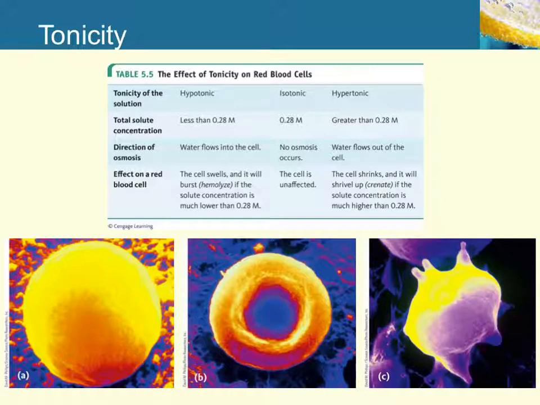In an isotonic solution, the solute concentration is equal to 0.28, as well as the blood. So no osmosis occurs, there is no net movement in or out of the cell, and the cell is unaffected. In a hypertonic solution, the solute concentration is greater than 0.28, which is going to cause water to flow out of the cell, and the cell will shrink, or crenate.